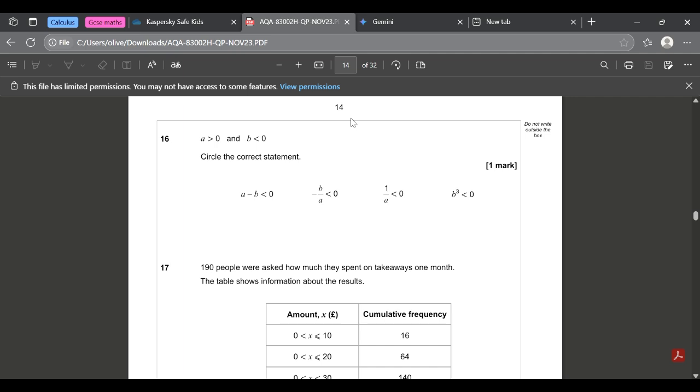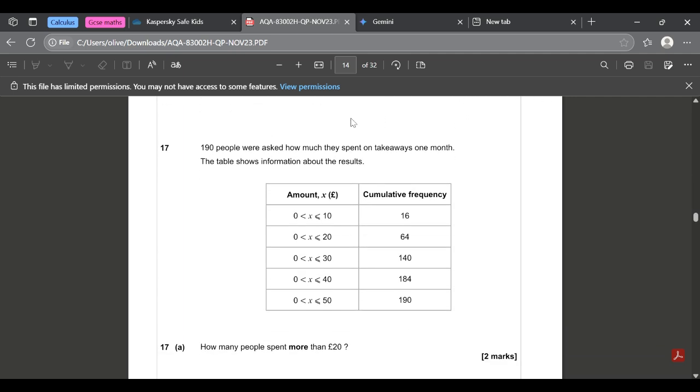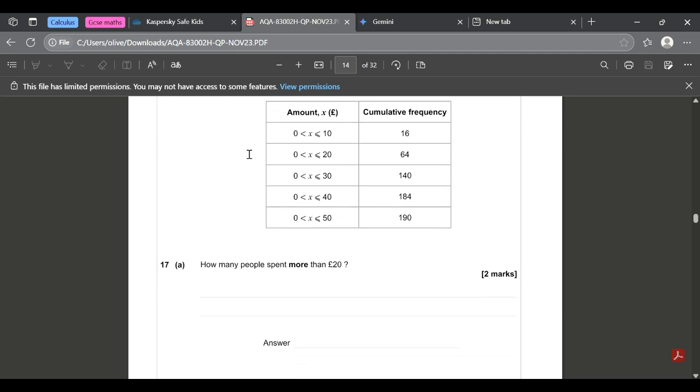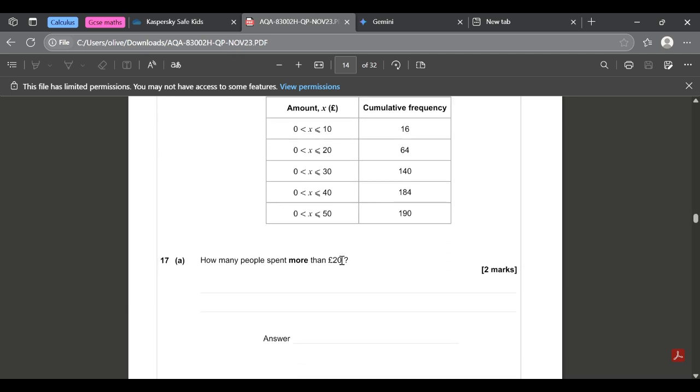Okay, 190 people were asked how much they spent on takeaways in 1 month. The table shows information about the results. How many people spent more than £20? Okay, so we can see here it says 64 people spent less than 20.